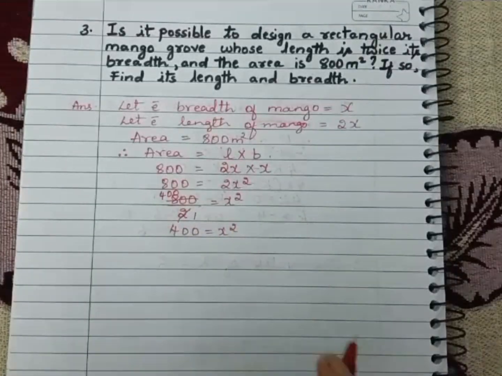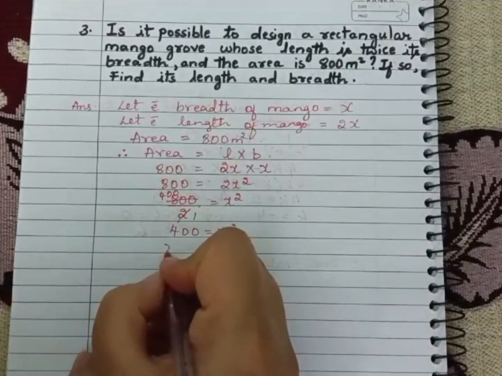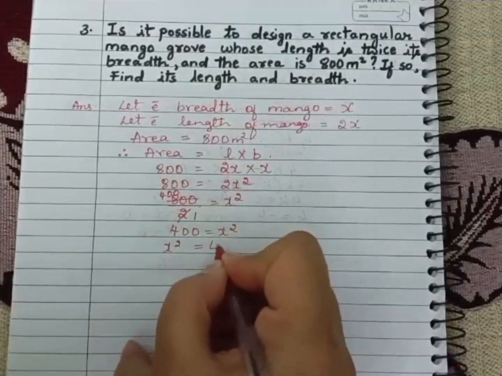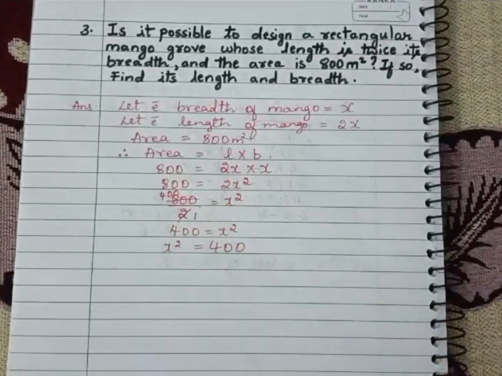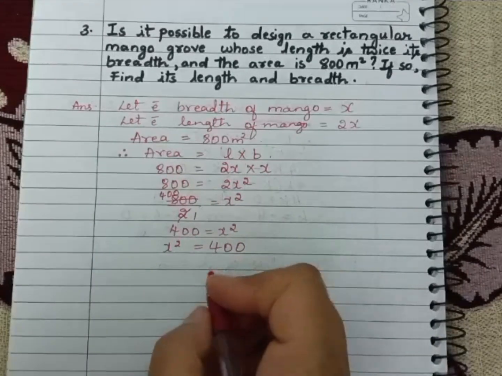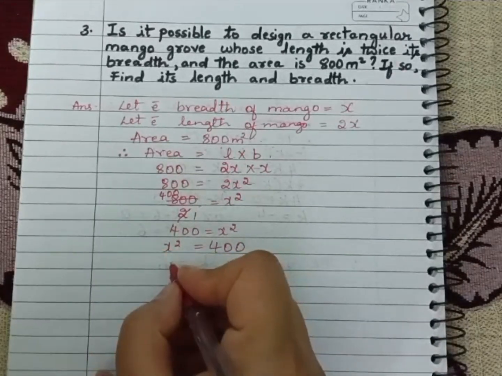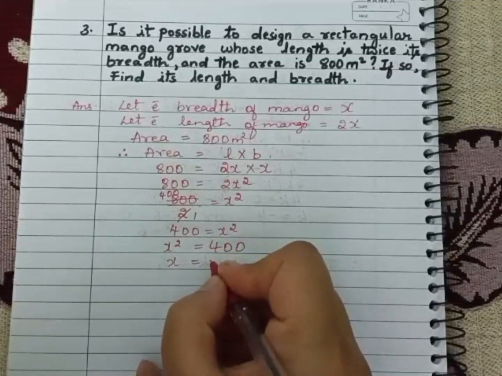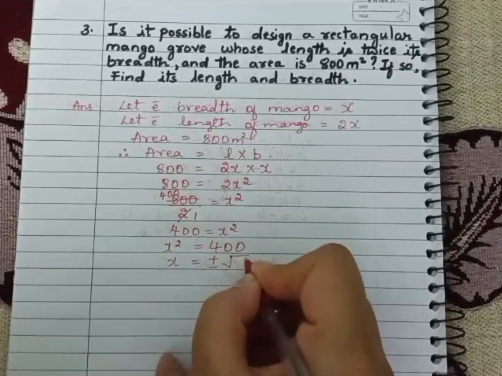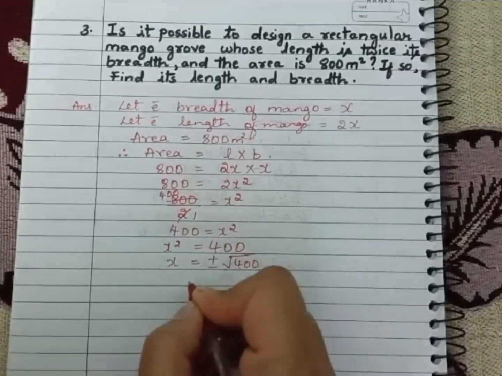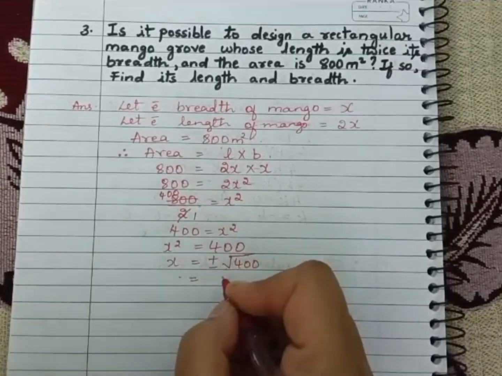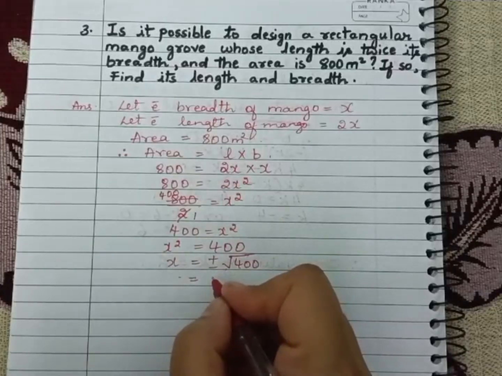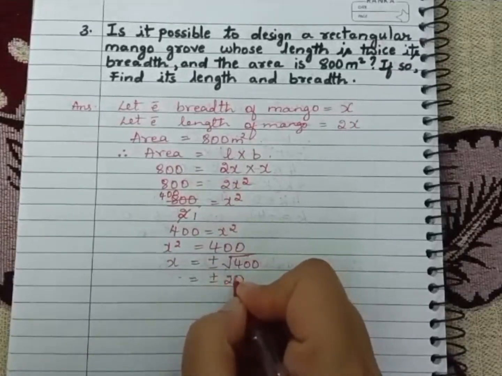X square is equal to 400. x is equal to plus or minus root of 400, and root 400 is 20. So x is equal to plus or minus 20.